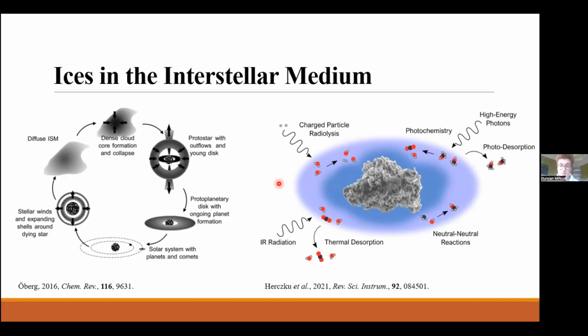Now, in the dense interstellar medium, it's the current theory that when molecules and atoms freeze out onto the grains, it's only fairly simple molecules that form first, things like ammonia and CO, CO2, that kind of thing. But when they are processed by these galactic cosmic rays and radiation regimes, then more complex molecules can form.